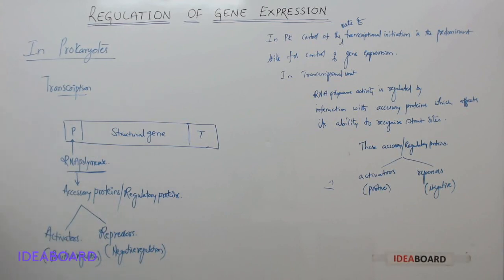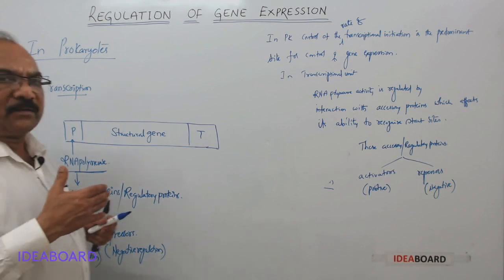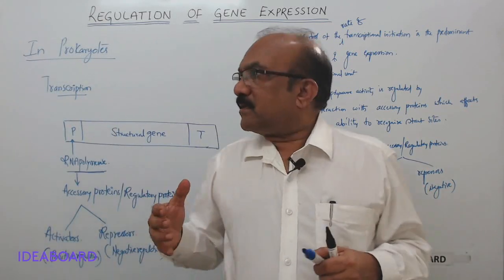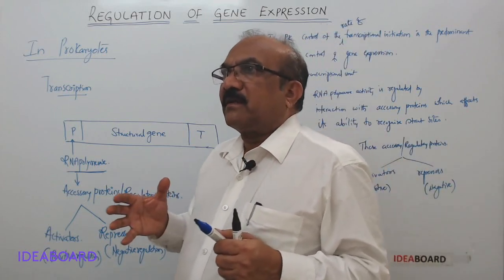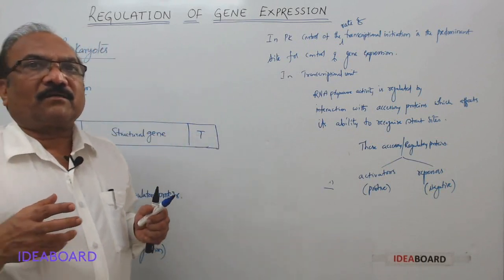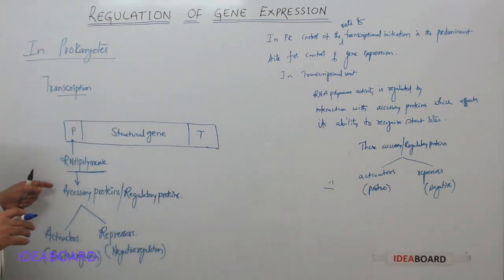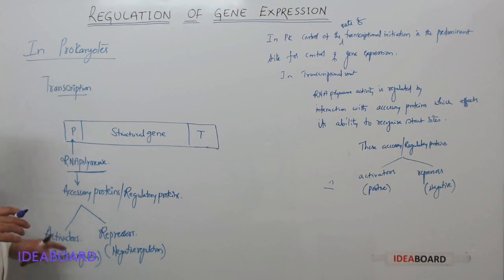Okay. So now that is what a transcription level. RNA polymerase, when it wants to transcribe this mRNA, whether it is going to transcribe it or not will depend on these accessory proteins, or regulatory proteins, and if they activate, then it becomes positive regulation, and if they suppress, which are called repressors, then it is called negative regulation.